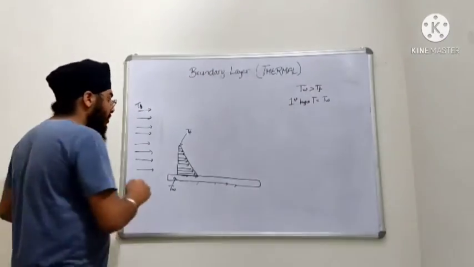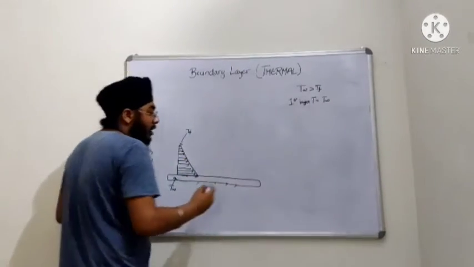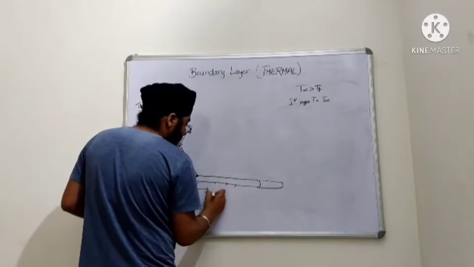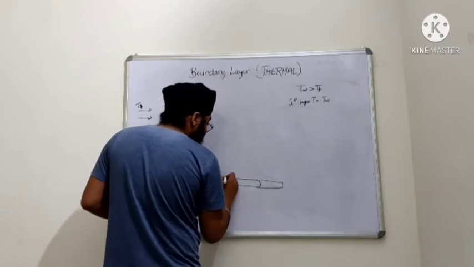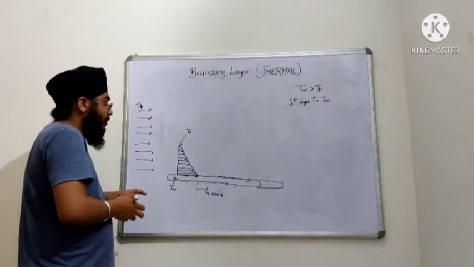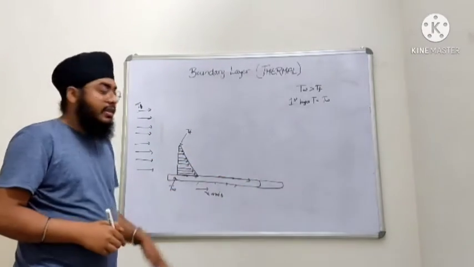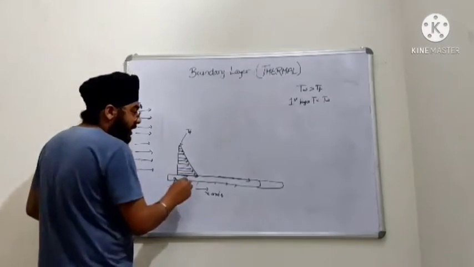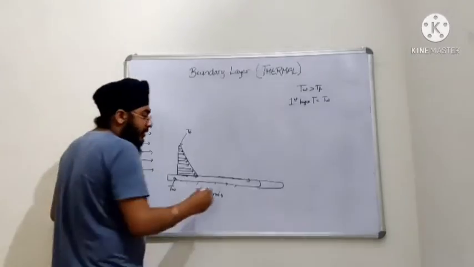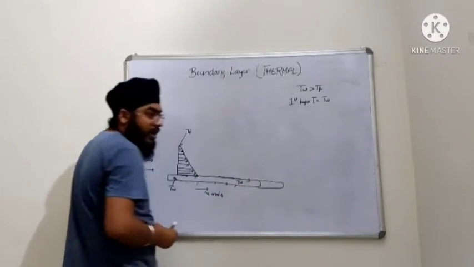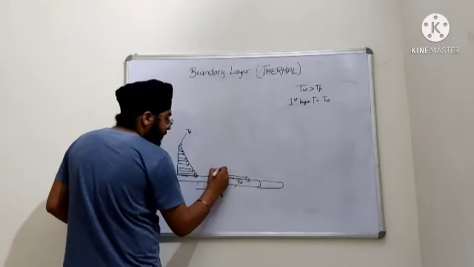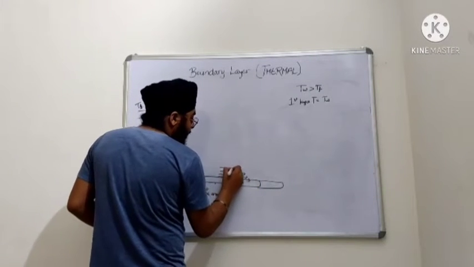Now let us assume the same thing at a further distance along the x-axis. As we know, more and more fluid is getting in contact with the surface, so there will be a lot of fluid in contact with the surface, and the temperature of this fluid will be equal to Tw, and the same thing that happens here will happen here.